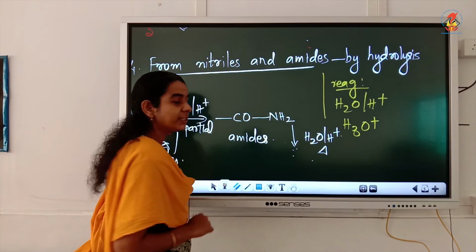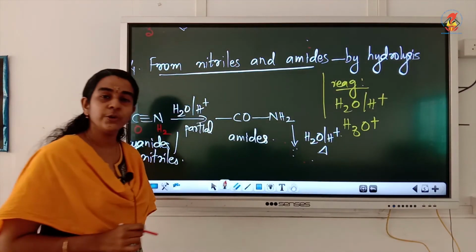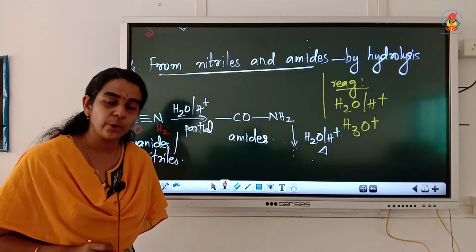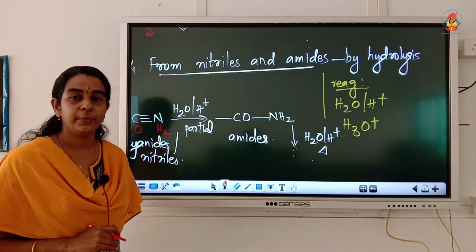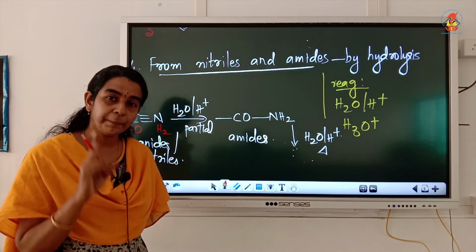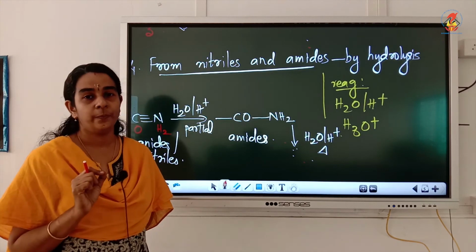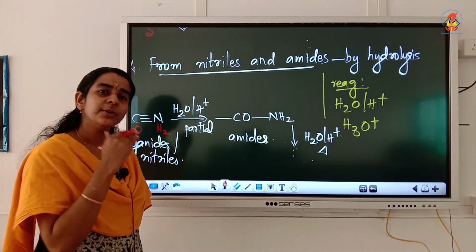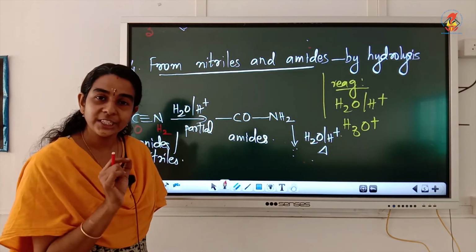And see the splitting here. Always we study the reaction of water as HOH, isn't it? The only exception is if there is a triple bond. Whenever there is a triple bond, add water as H2 and O. Otherwise, in all the other reactions of water, we study it as HOH.